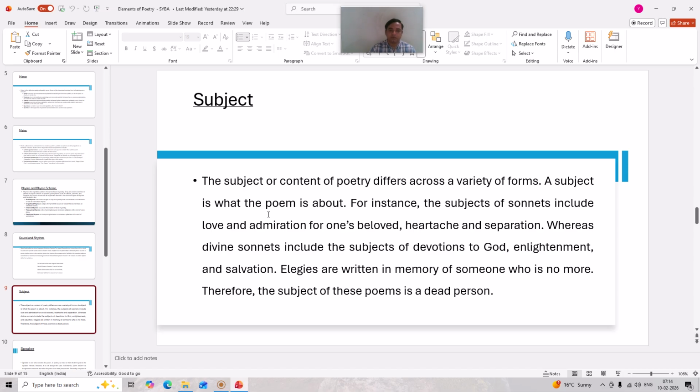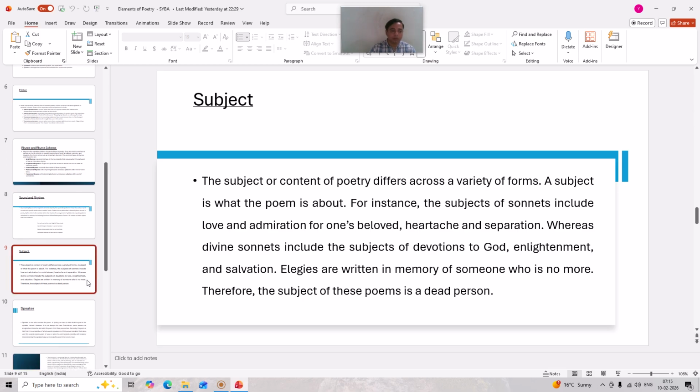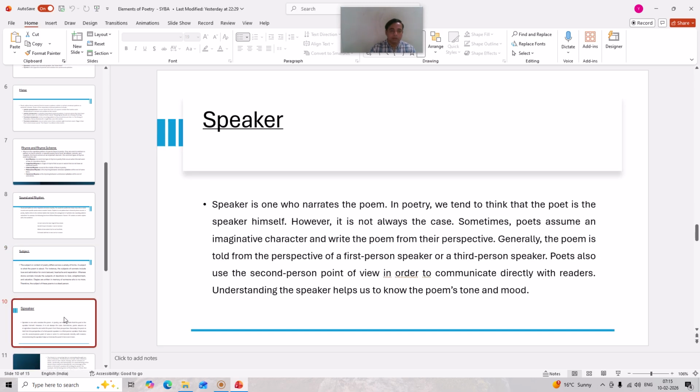The subjects of poems include love, admiration for one's beloved, attack, God, enlightenment, salvation. This is an unending list of subjects found in poems. Speaker is another element of poetry that makes us understand what kind of poem it could be.